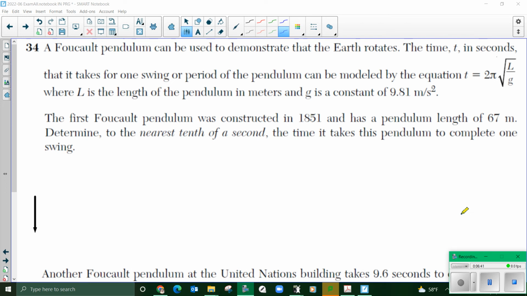All right. Number 34 is the first time this steps up and you're kind of doing some work here. A Foucault pendulum can be used to demonstrate that the Earth rotates.